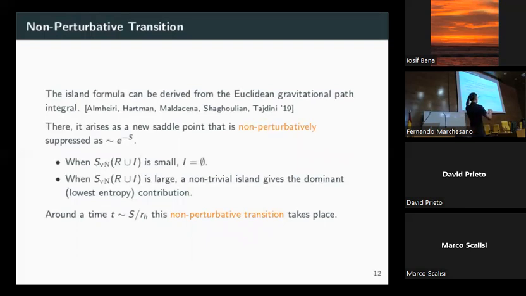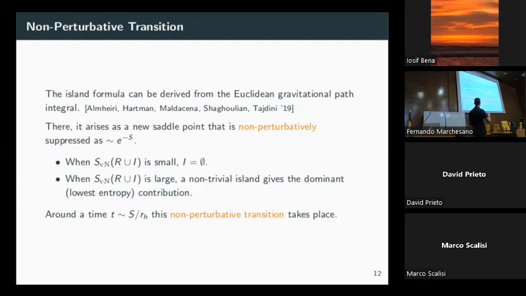And importantly, when you compute this island formula from a Euclidean path integral, the way this non-trivial quantum extremal surface can arise is as a new saddle point that is typically non-perturbatively suppressed with the entropy of the system, but there can be some cases where it gives an order 1 effect. In particular, when the von Neumann entropy between region R and region I is small, it's typically the island as an empty set that gives the dominant contribution, so that corresponds to the vanishing island.